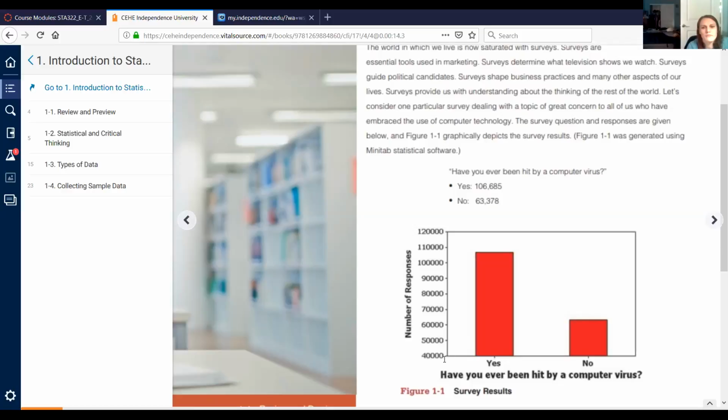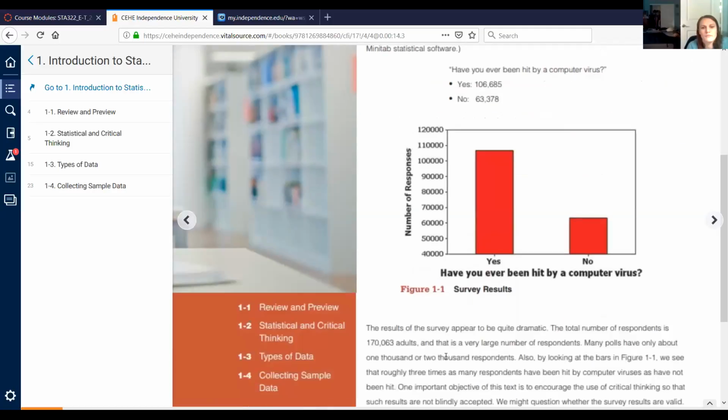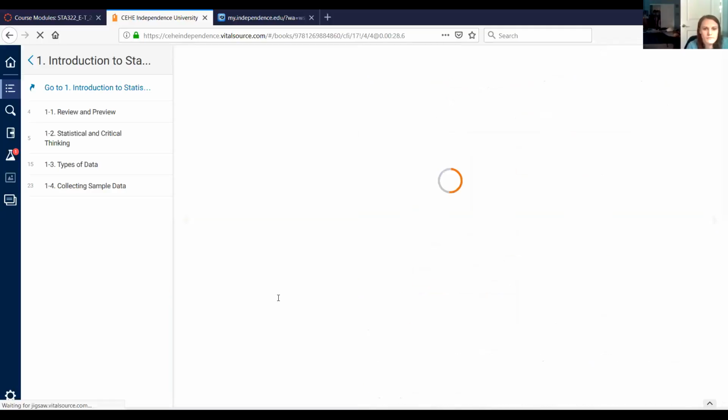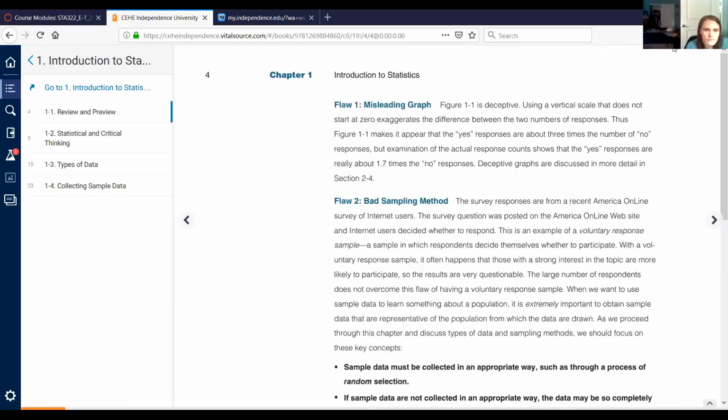Note that they start from a base here of 40,000 and go to 120,000 instead of starting at 0. Okay, so let's go to the next page of this book. We have this misleading graph. The vertical scale does not start at 0. So it looks like there's an awful lot more.